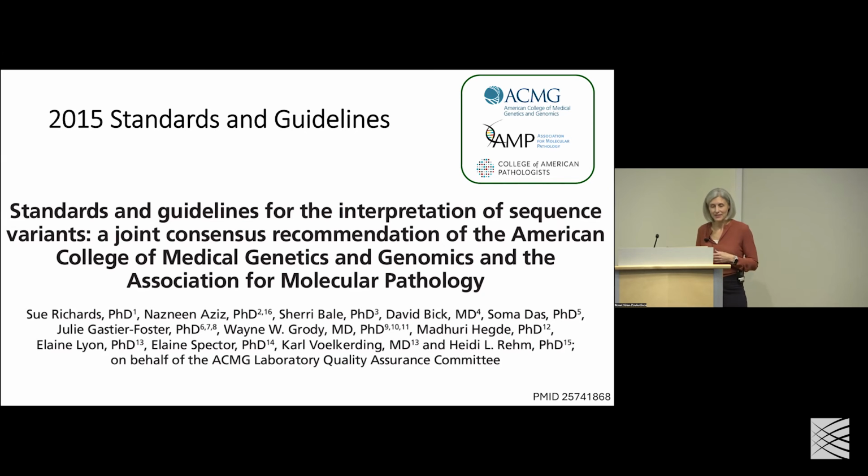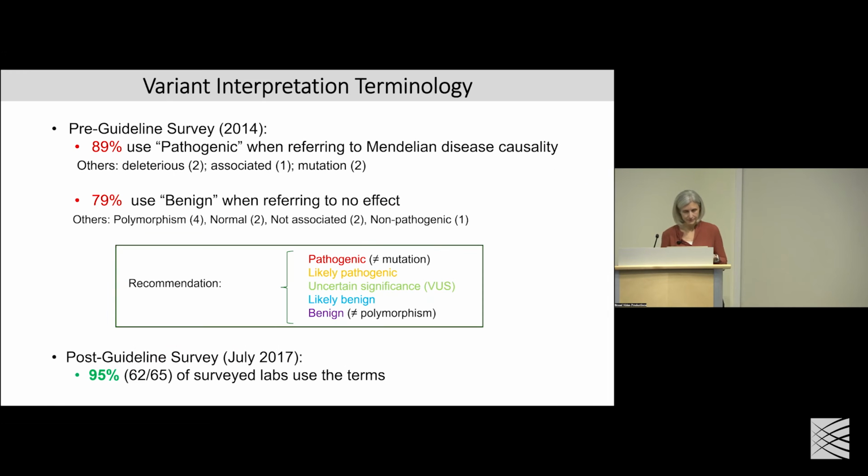Luckily for us, a standard came out in 2015 that was a lot more prescriptive about what types of information you should look at when classifying a variant and how to integrate that information together. This guideline was developed together by the American College of Medical Genetics and the Association for Molecular Pathology.